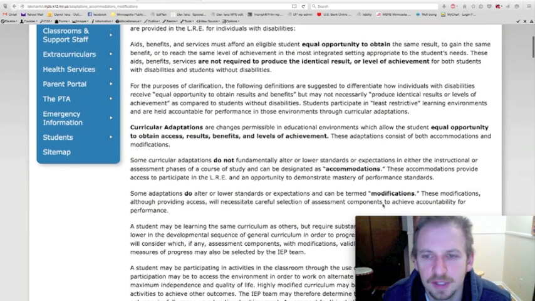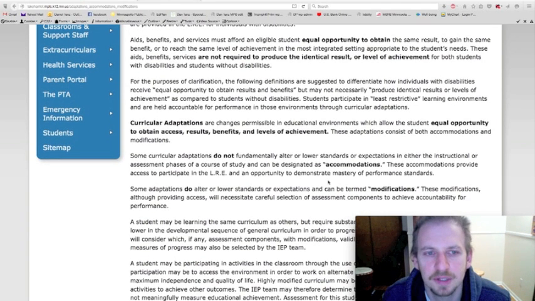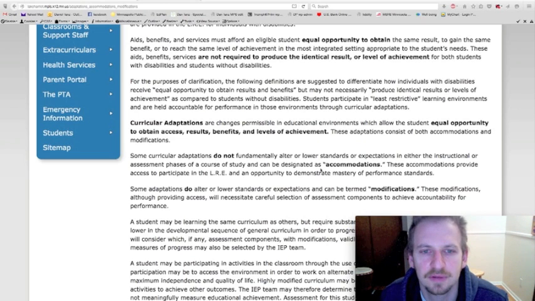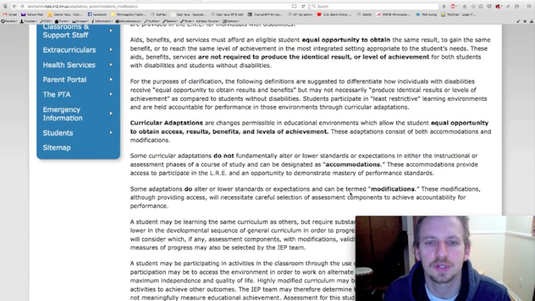Now the difference between accommodations and modifications, just briefly, is that accommodations do not fundamentally alter or lower standards or expectations in either the instructional or assessment phase of a course of study. Whereas modifications do alter or lower standards or expectations through their providing of access, and they must be carefully selected to achieve accountability for performance.